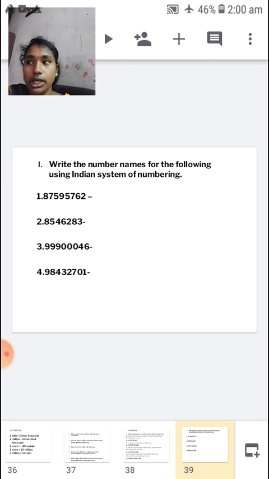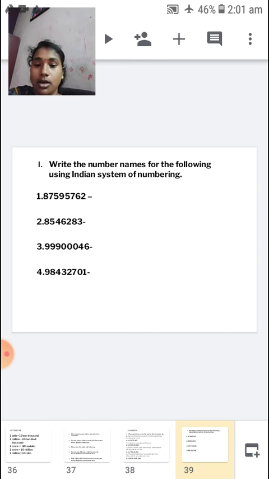Okay, children. And finally, we have the fourth question, that is 9, 8, 4, 3, 2, 7, 0 and 1. So here we have 1 in ones place, 0 in tens place, 7 in hundreds place, 2 in thousands place, 3 in 10,000s place, 4 in lakhs place, 8 in 10 lakh place, and 9 in crore place.